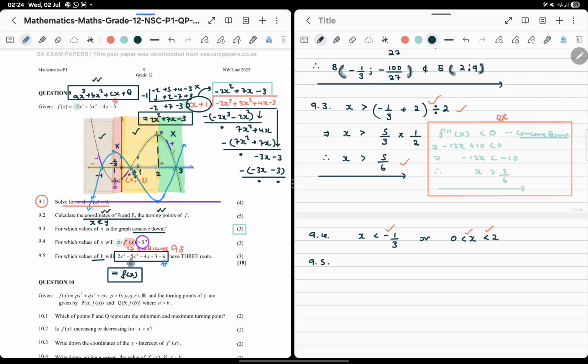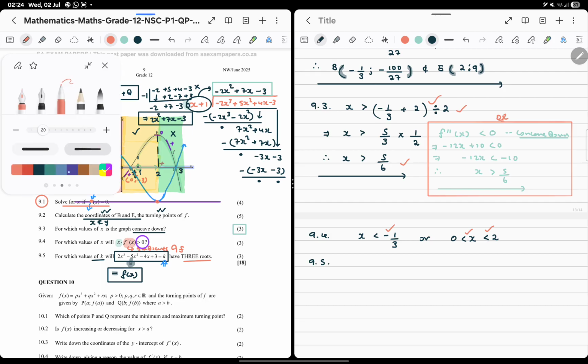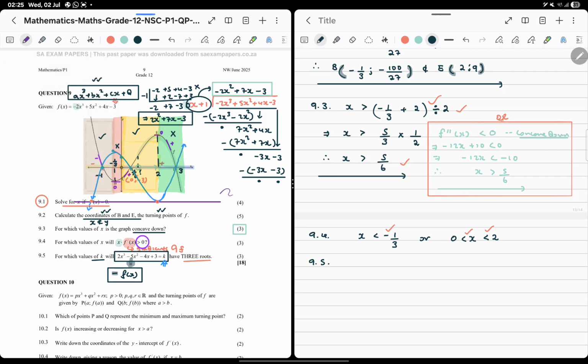So this graph continues down, right? What we're going to notice is that we'll have 2 intercepts, that point and that point. But now we want 3 roots instead, not just 2. Because this is the line.